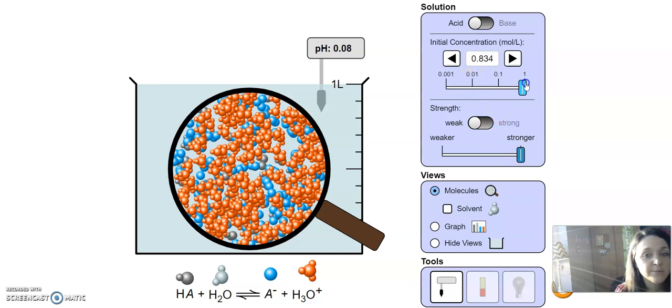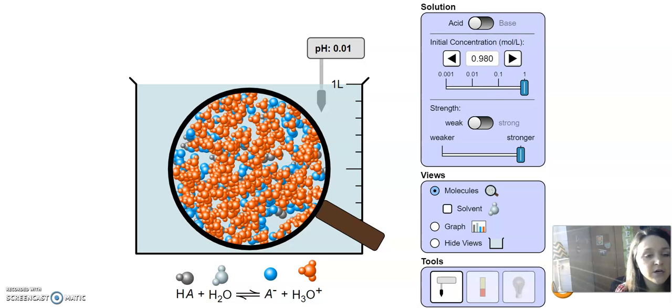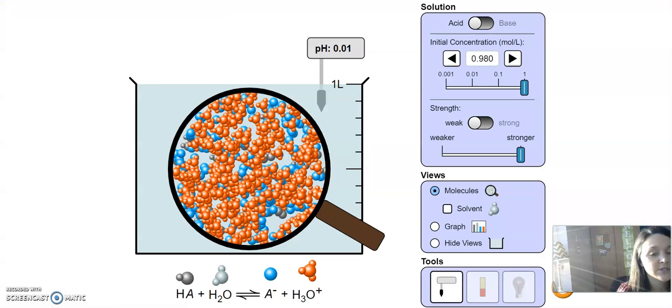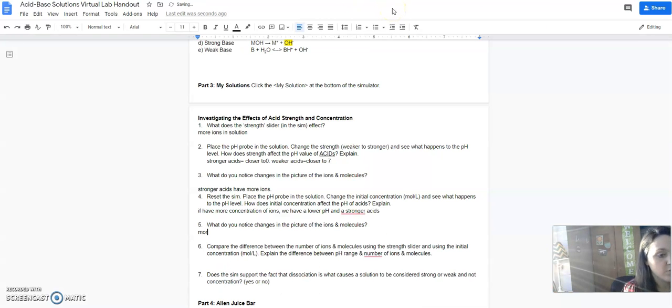What do we notice? When we are more concentrated, we have a lower pH. If we have more ions, we have a lower pH and a stronger acid. And when we got more concentrated, look, we have a lot more ions in solution.